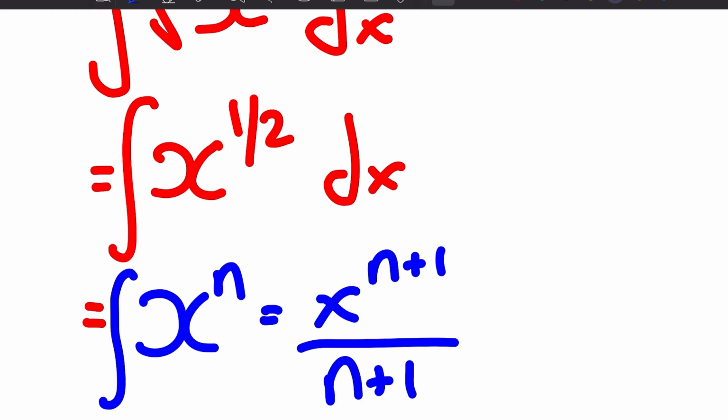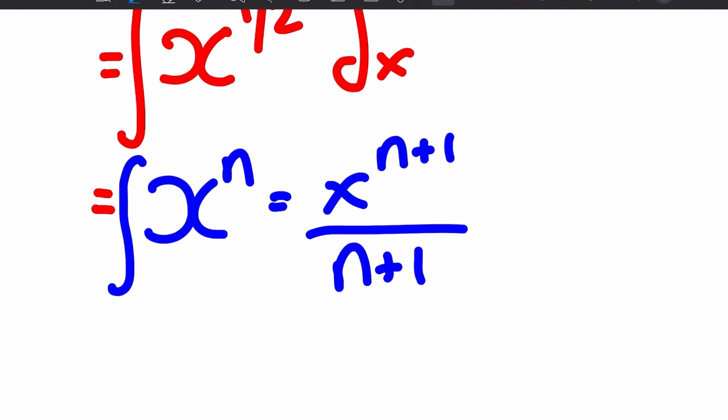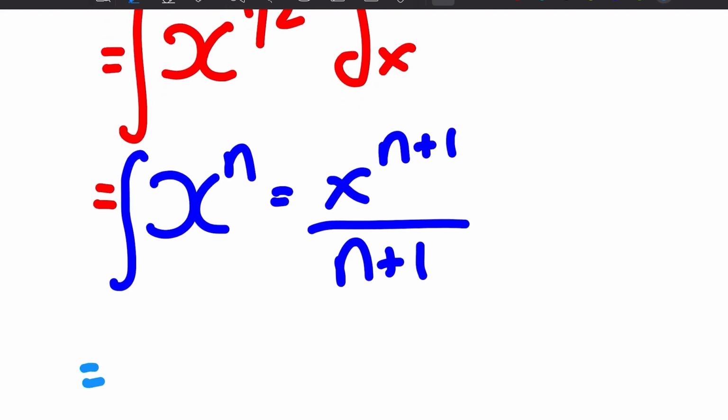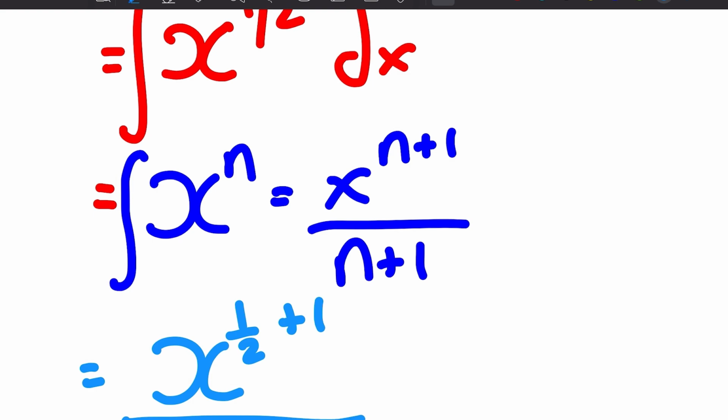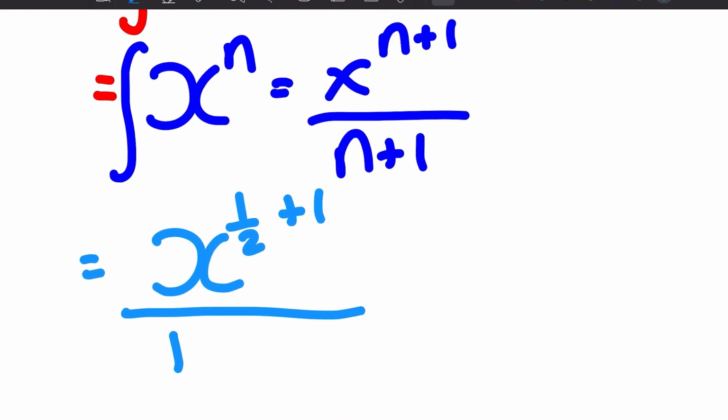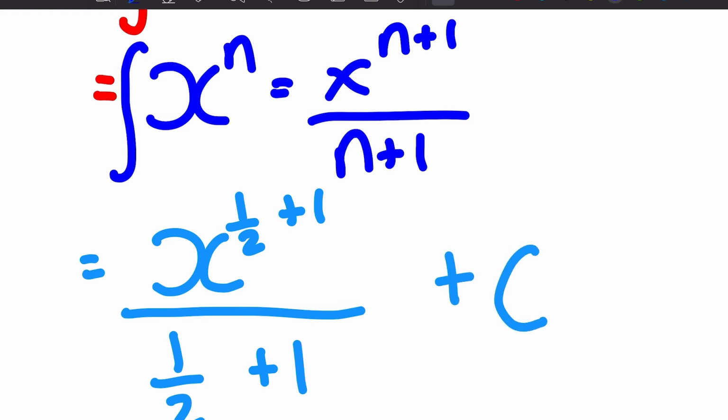So what do we have to do here? Well, we'll keep the x, so we'll say it's equal to x, and then we'll increment the power, so a half plus 1 over a half plus 1, and this is all going to be plus c, which is the constant of integration. And we'll just make this a little bit neater.